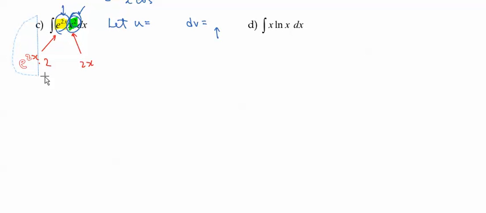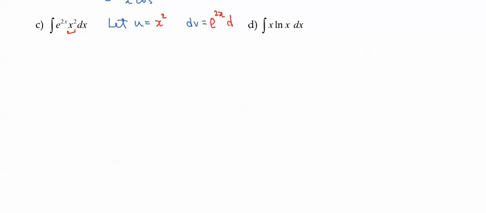So when we try to integrate expressions like this, I will let u be something that will lower the degree of your expression. And I would try to integrate something that wouldn't give us a hard time.